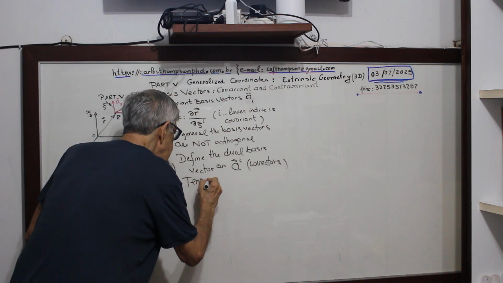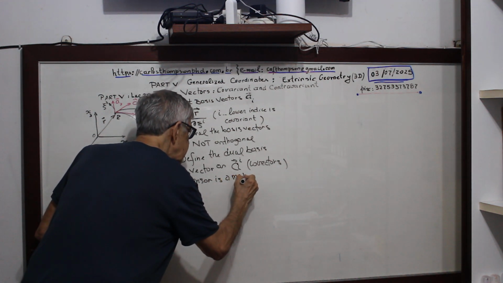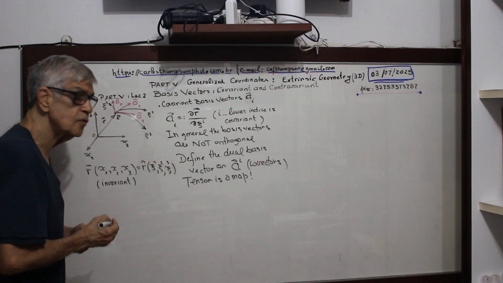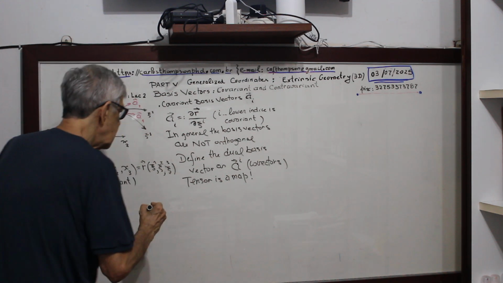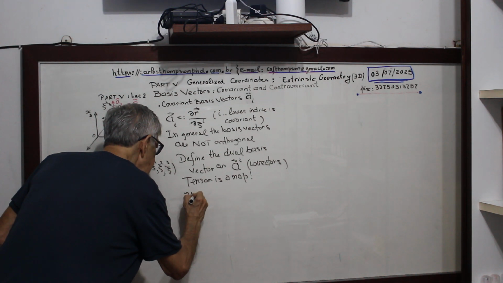Always remember that a tensor is a map. See, because this is tensor theory. Look how interesting. I'll define A^i.